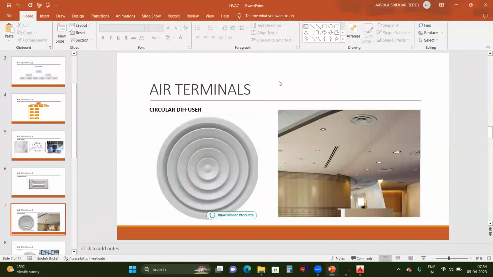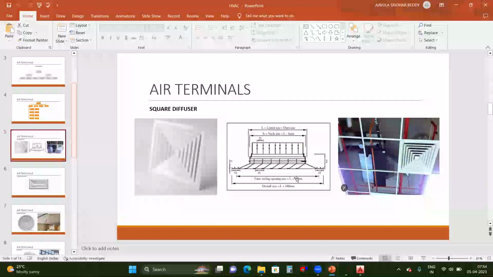Generally, square and rectangular diffusers are used in the grid false ceiling. I think you might have seen this grid false ceiling. That will be a 2 feet by 2 feet grid, 600 by 600 grid. In this grid, we can fix these diffusers so that it looks good.